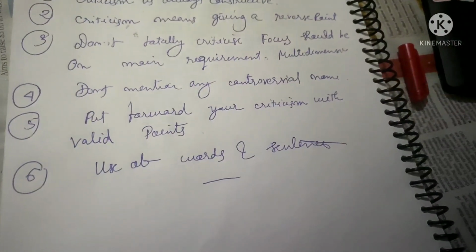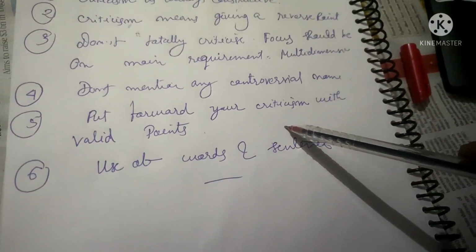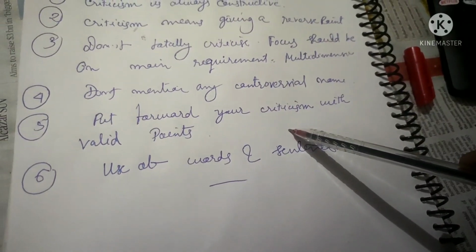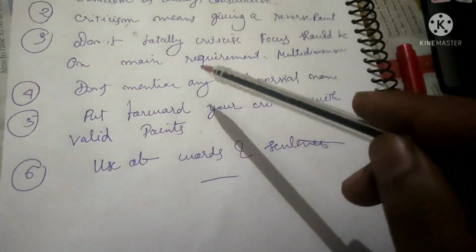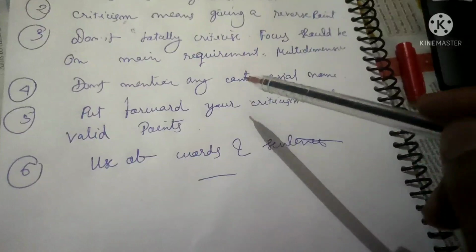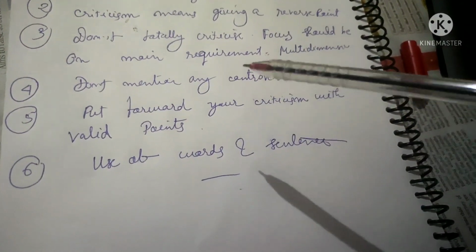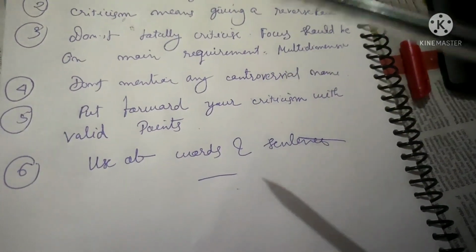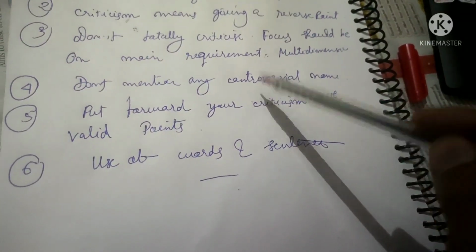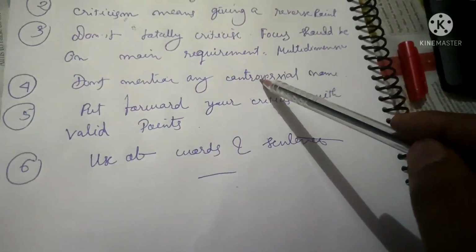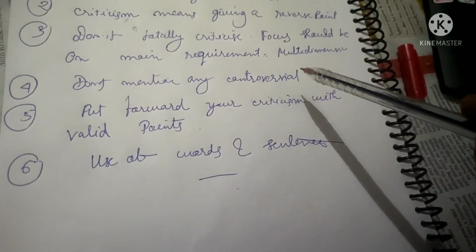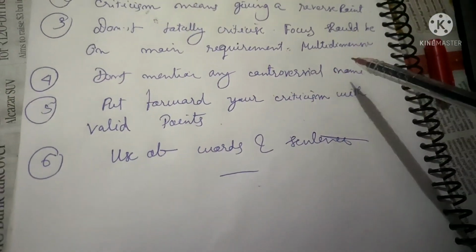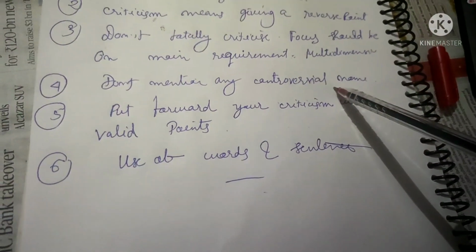Your whole answer should not be focused only on criticism, right? Your main focus should be on the main requirement of the question. Towards the ending part of the answer, you can use constructive criticism showing the negative points, right? Here constructive criticism is only a part of the multidimensional aspect of answer writing, right?